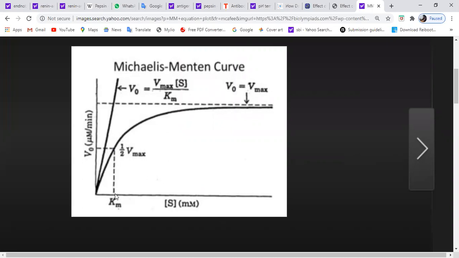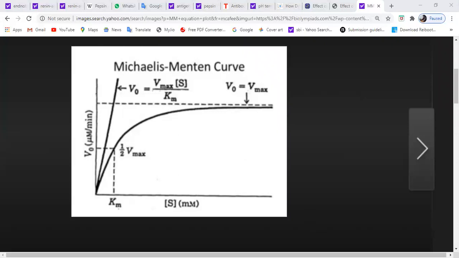The point you will get over the substrate concentration line is called the Km value, or the Michaelis-Menten constant. What is this constant telling about? This is telling about the substrate concentration which is required to achieve the half V maximum rate of that particular reaction.